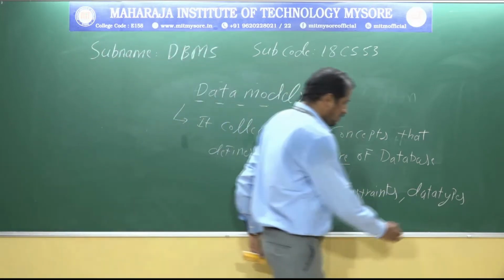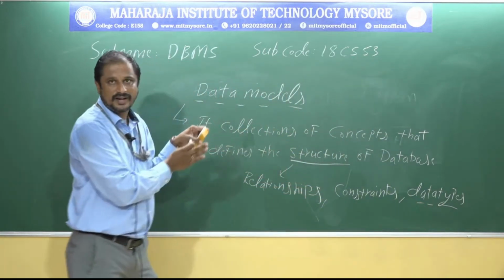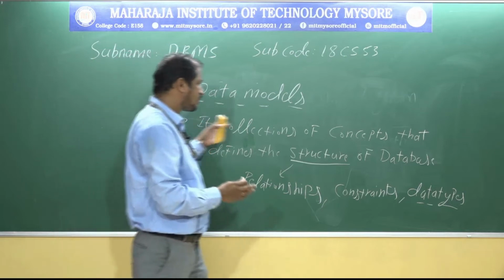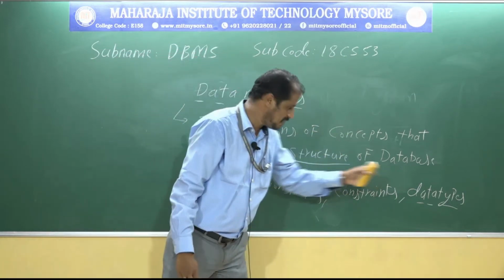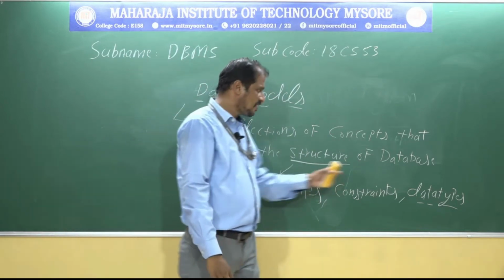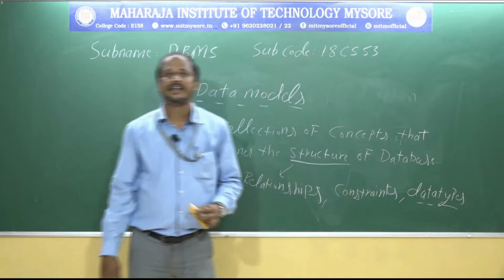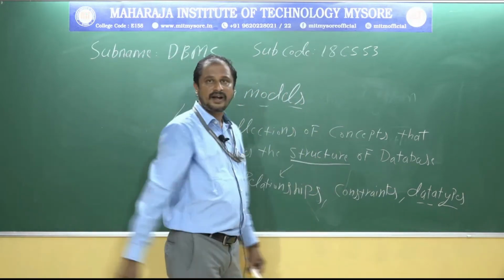So this is what the data model talks about. A data model is a collection of concepts that define the structure of a database. The structure can be defined with relationships, constraints and data types.